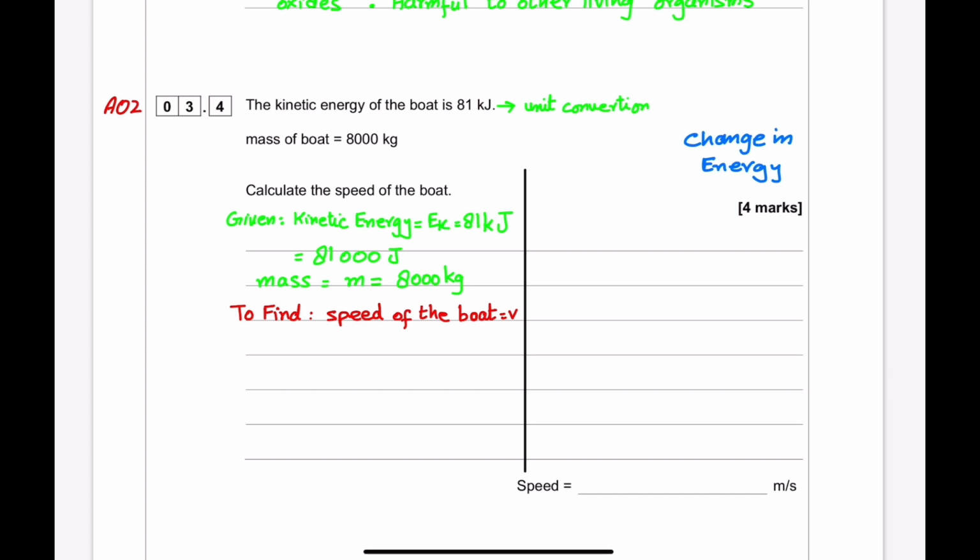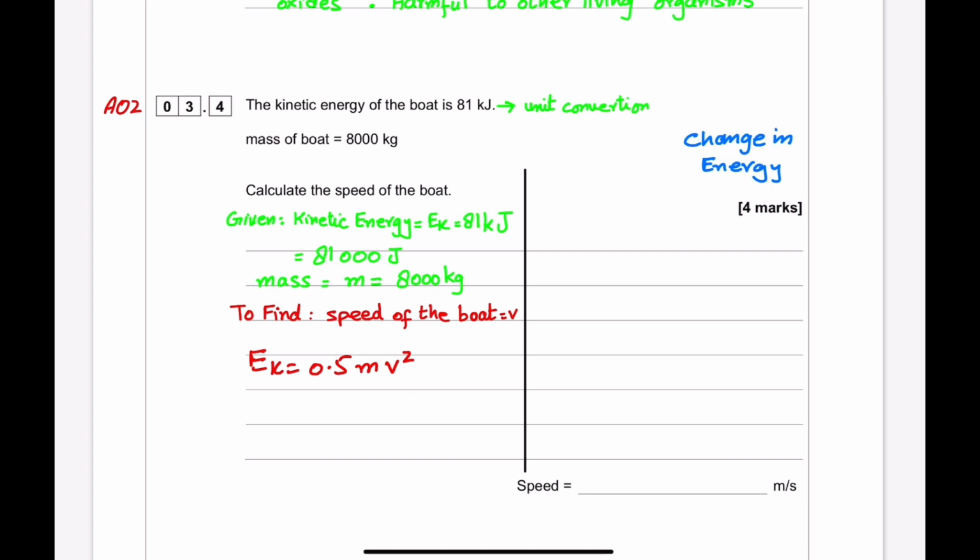In the question, it is already mentioned it is kinetic energy. The student needs to use the formula of the kinetic energy. The formula for the kinetic energy is EK equals half mv squared. We need to use the values which are given here.